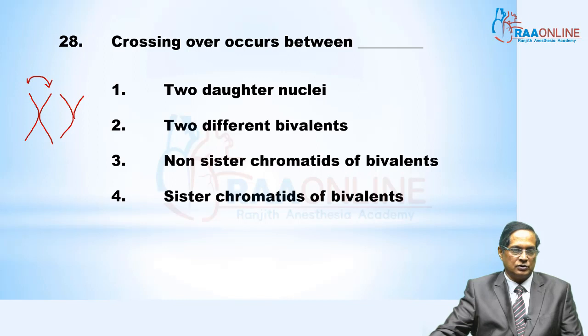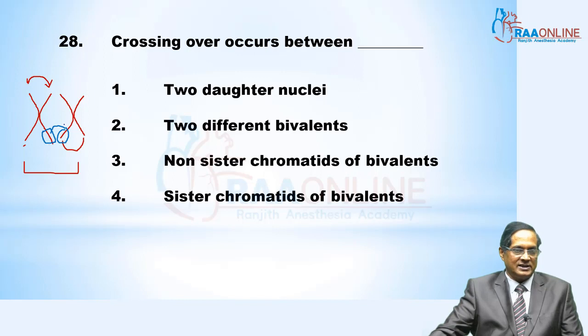These 2 are also sister chromatids. This is a pair of homologous chromosomes. These 2 are sister chromatids, and similarly these 2 are also sister chromatids. But at the time of crossing over, one particular segment, suppose this one, is exchanged with this one.